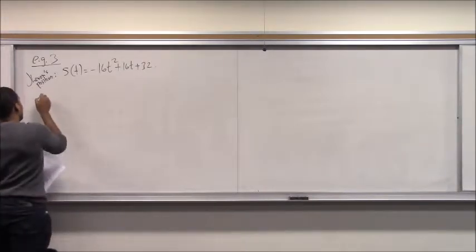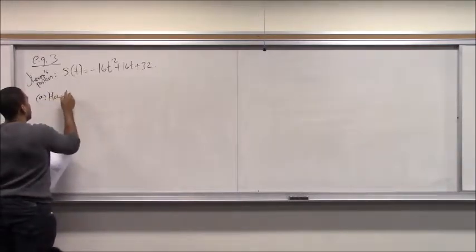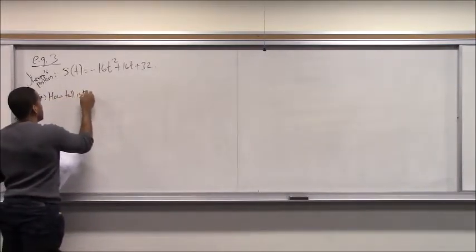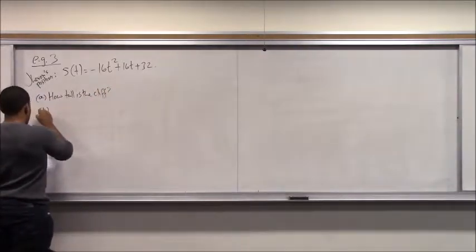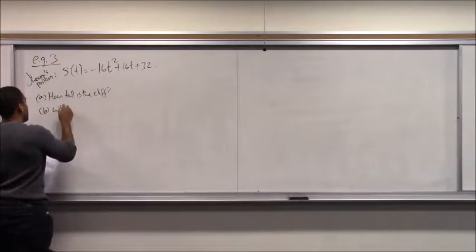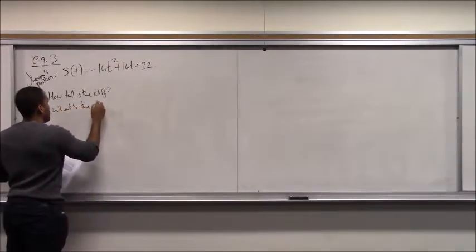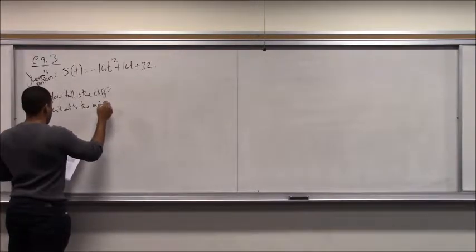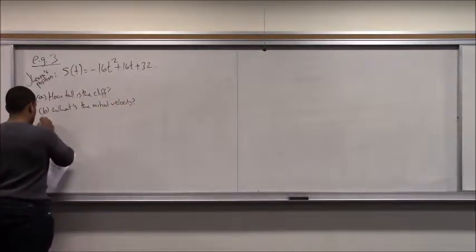And so we have a bunch of questions now. How tall is the cliff? What is the initial velocity? So how fast did they throw this guy off the cliff?